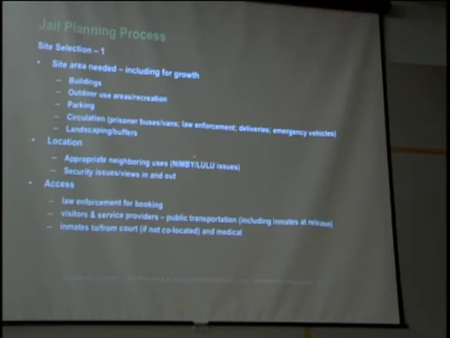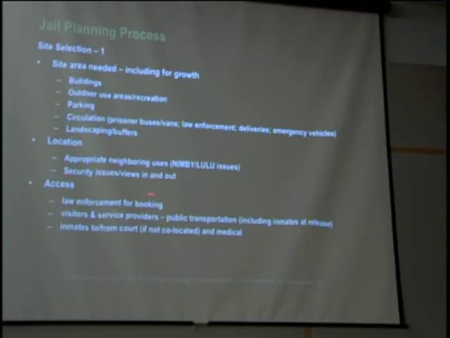Are there, I love these acronyms, NIMBY we all know. You know what LULU is? LULU is a locally undesirable land use. It doesn't depend on what it is, but generally dumps, nuclear plants, and jails fall into that category. Not always jails. Not always jails.